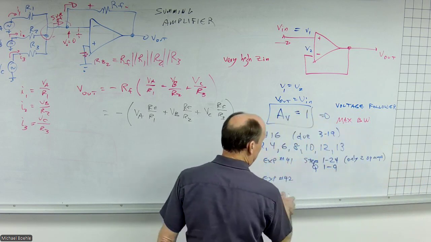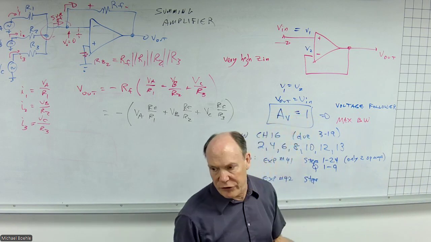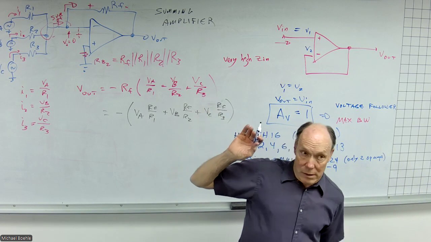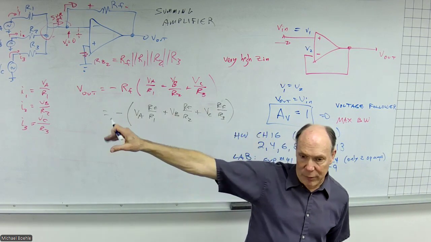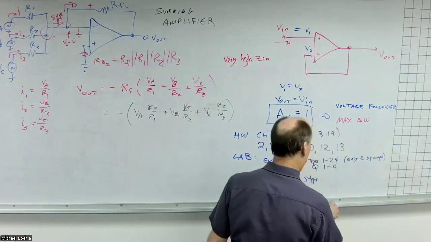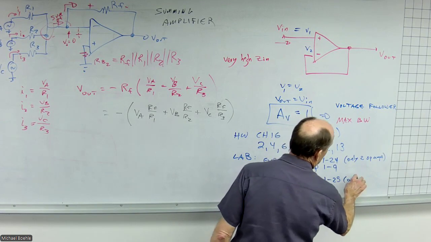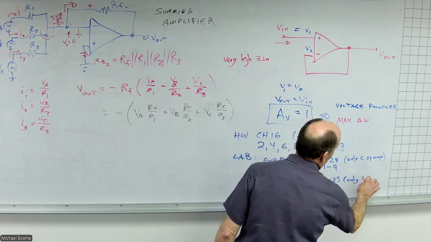For experiment 42, this is where you actually build an amplifier or two. Inverting amplifier, non-inverting amplifier. See those characteristics. So that'll be steps 1 through 25. But only do 1 op amp.